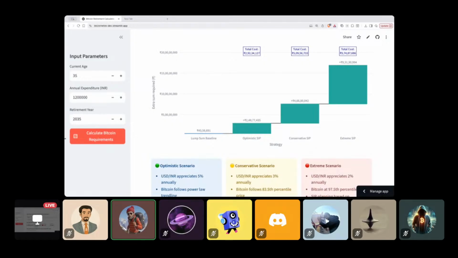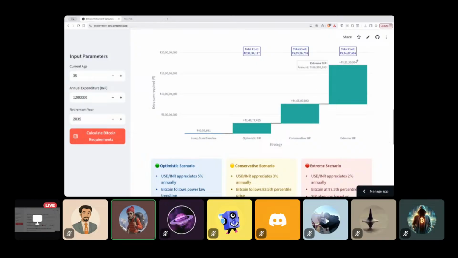So if you put these numbers in a TradFi model, where currently your age is 35, your annual expense is 12 lakh, and you want to retire in just 10 years' time, it will throw you some crazy numbers, around 8 crore, 10 crore. That's the kind of number that you will be looking at when you just use TradFi assets for your retirement.